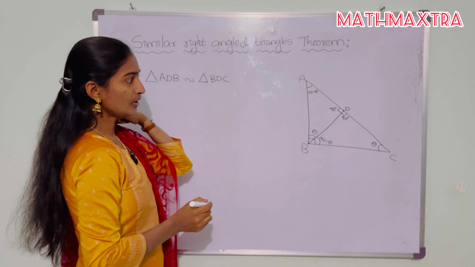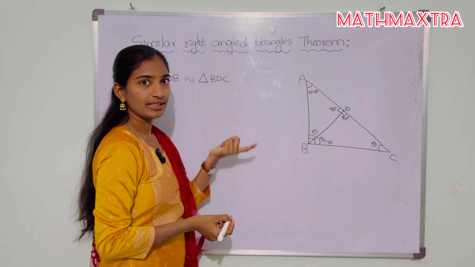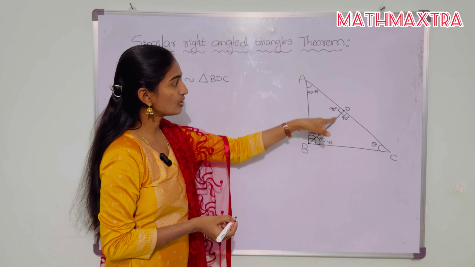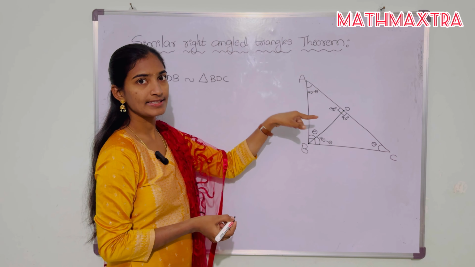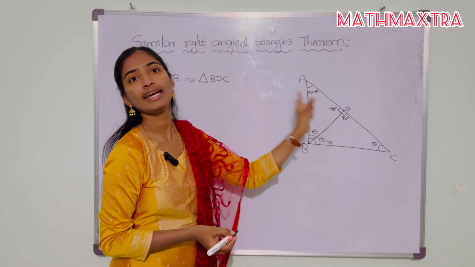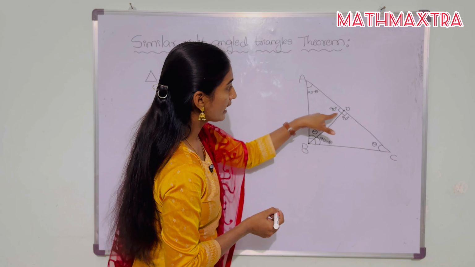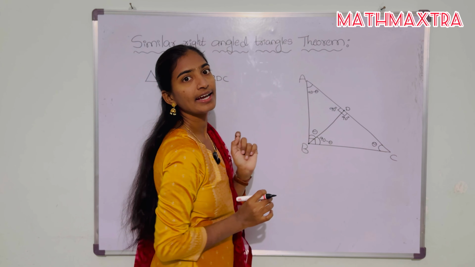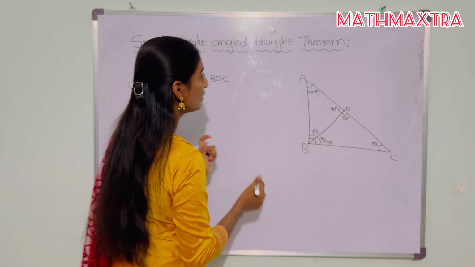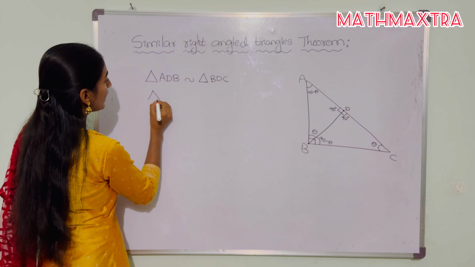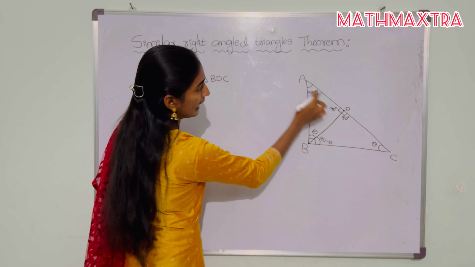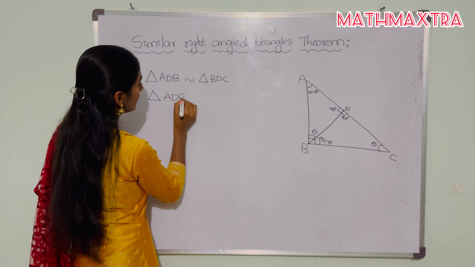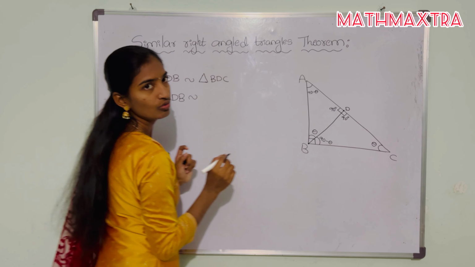Now, one more statement is there in the right angle triangle theorem. Each of these right angle triangles is similar to the given right angle triangle. So the small right angle triangle is similar to the given triangle ABC. We'll see how. Triangle ADB is similar to what?